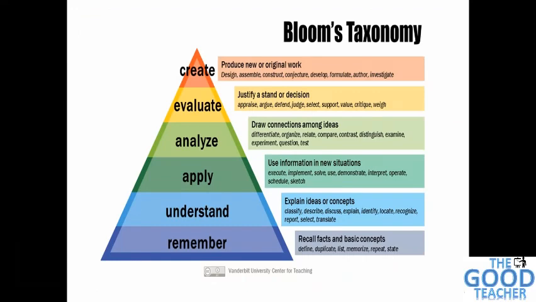We have assemble, putting things together, putting abstract things together to make an artifact. We have construct, conjecture, develop, formulate, alter, investigate. These are all things that if a student is able to do any of them, we say they have been able to create knowledge.